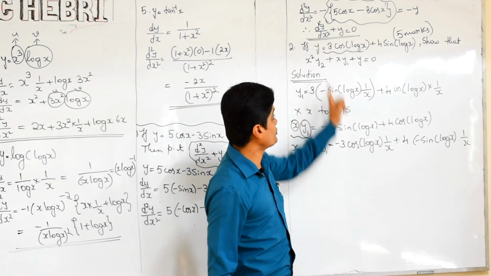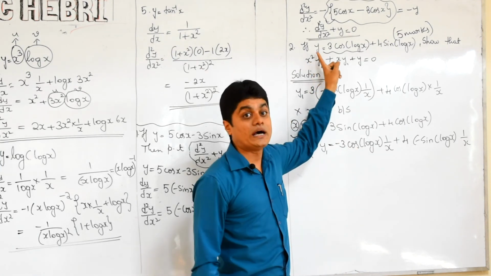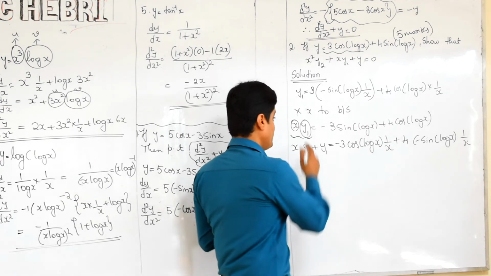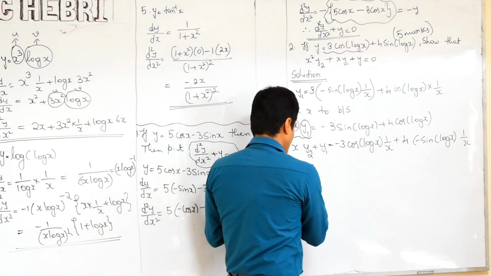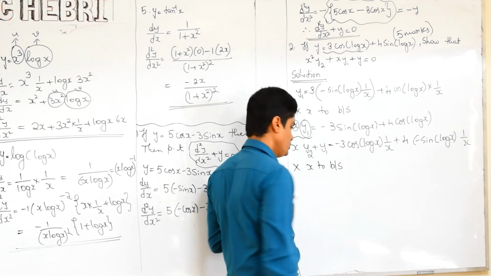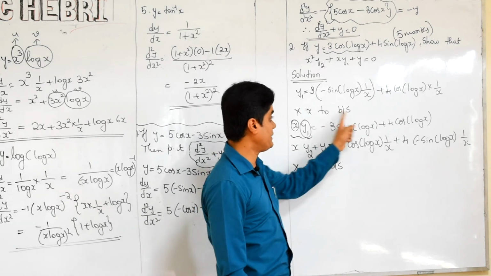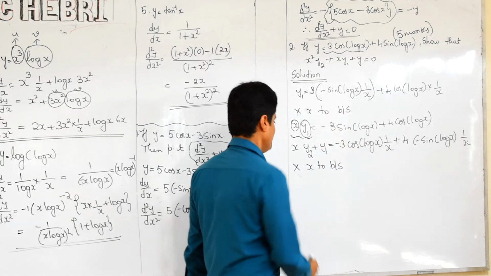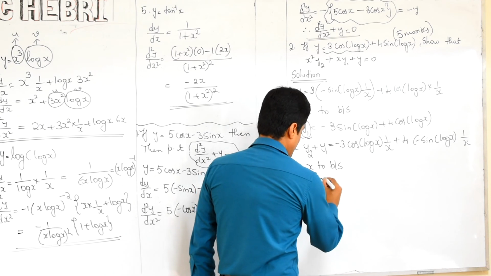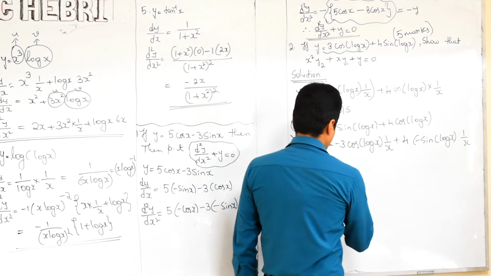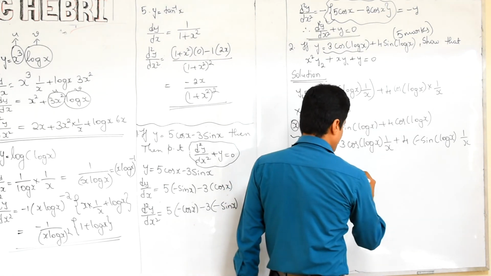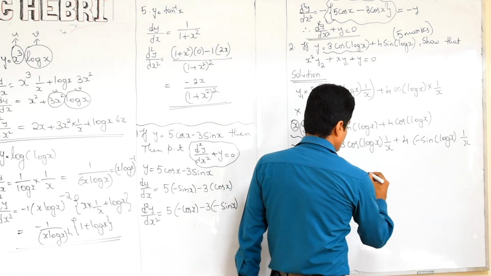Now see what the question says: prove that x square should come. Here we have x. So how to get x square from x? What we did in the second step: multiply. So you are going to repeat the same step again. Multiply x to both sides, remember both sides. So we get x square into y2 plus xy1. The denominator x cancels because you are multiplying by x. So it is minus, you take it outside, 3 cos of log x.